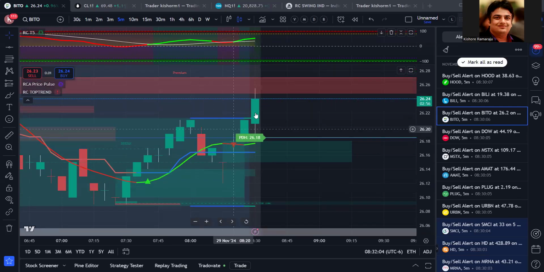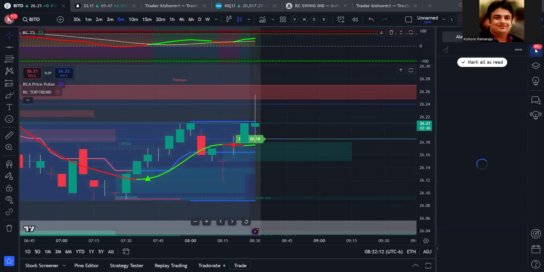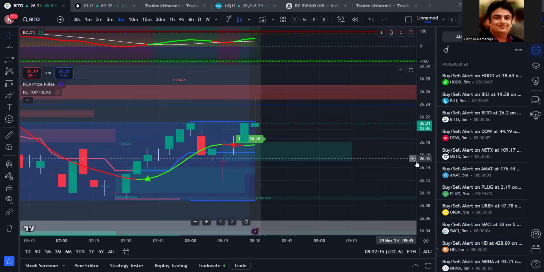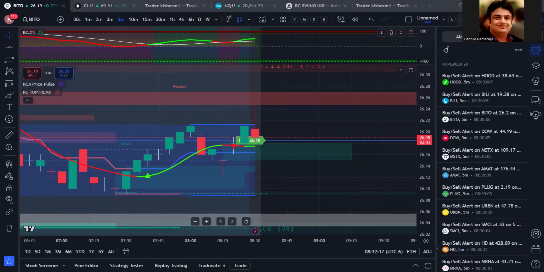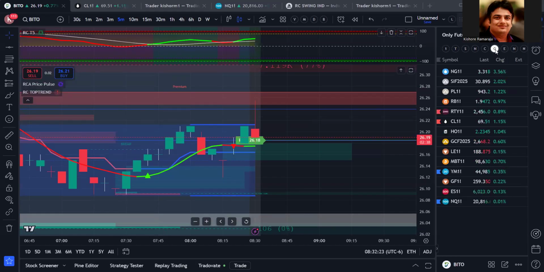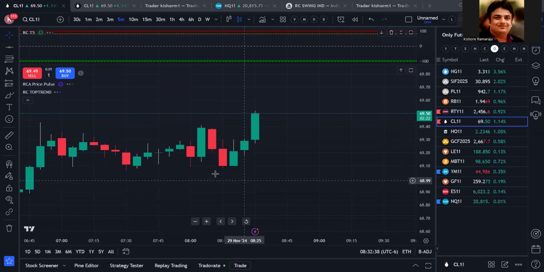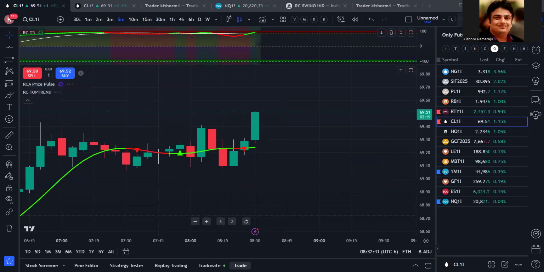Because your Bitcoin is bullish, most of the crypto stocks will be bullish. Oil goes along with crude oil because it broke that resistance.